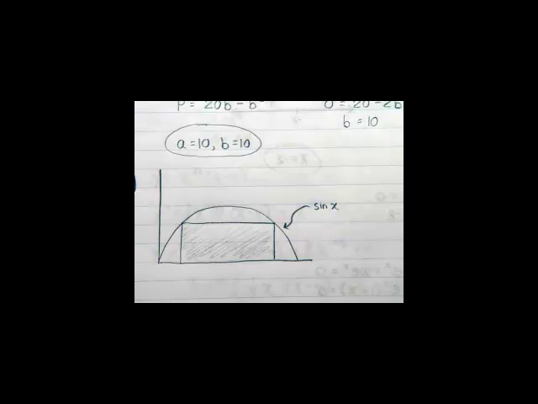All right, good job. So I want to know, what is the largest area for that rectangle that I could get? And it has to be trapped under the sine.